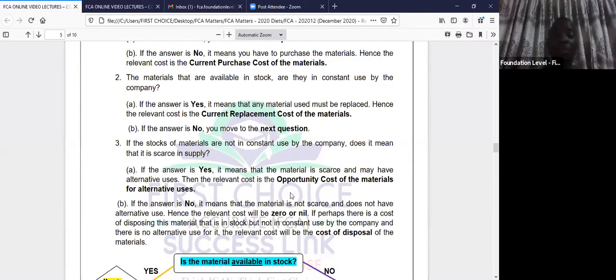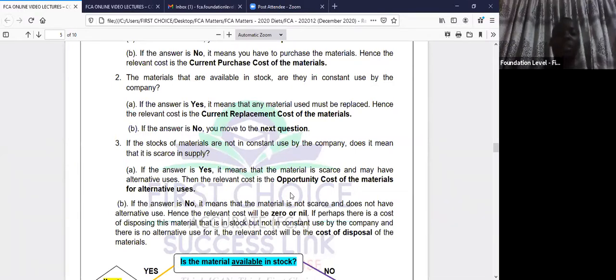Okay, but you are not going to the market to go and buy it to replace it. So you cannot say current market price is the opportunity cost because you won't buy it. But you think about it that if I don't use it, it gets spoiled. I'm going to call people to come and throw it away, and I will pay them money for disposal. That money you're going to pay them is the opportunity cost.